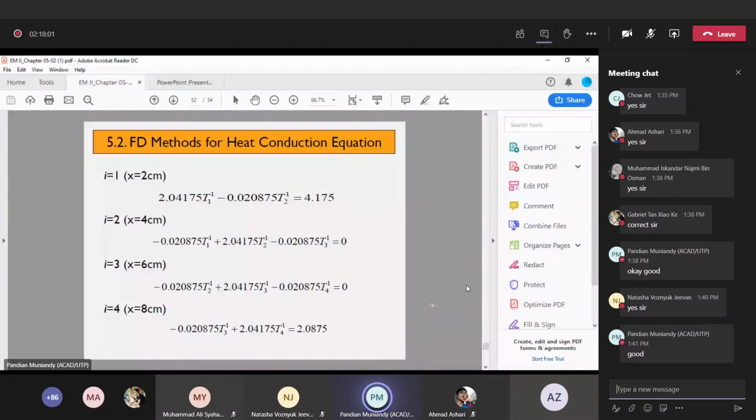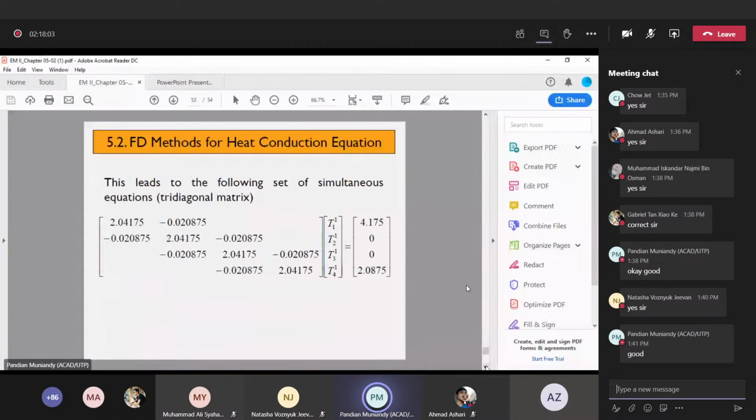Now we have this system. This is called the tri-diagonal matrix, because on the top here all 0. The first row T3, T4 and this one is 0. So it looks like tri-diagonal matrix.